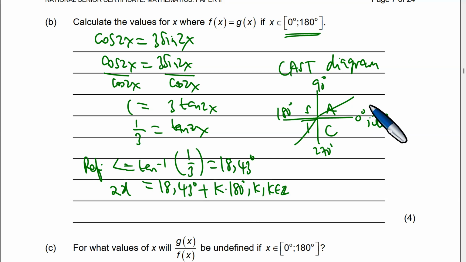And therefore, what are the answers to this? If you divide through by 2, 18.43 divided by 2 is 9.22 degrees, plus k times 90 degrees, k is an integer.